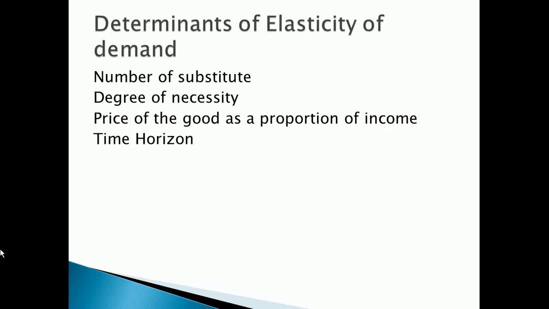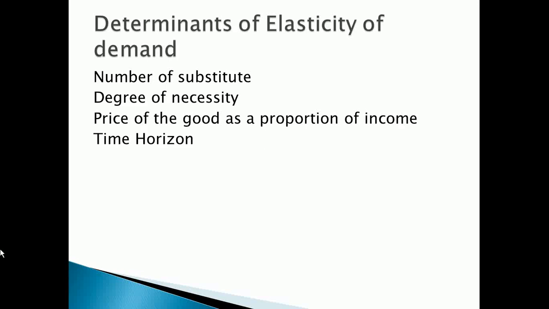And then the coefficient is obtained. Now, there are different methods of calculating elasticity of demand, but I'm using the percentage method because it is straightforward. Most students are familiar with them. In your books, there are other methods that have been explained there. You can also read them for further clarification.